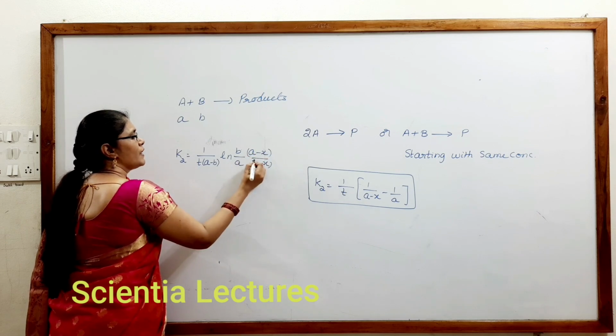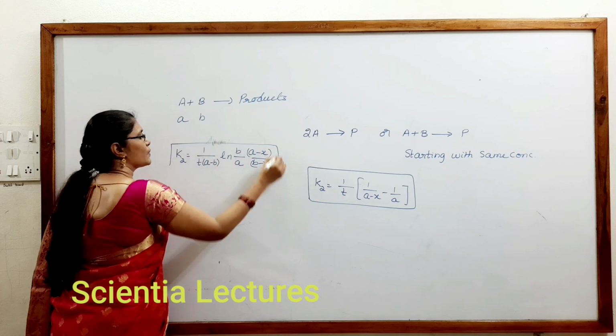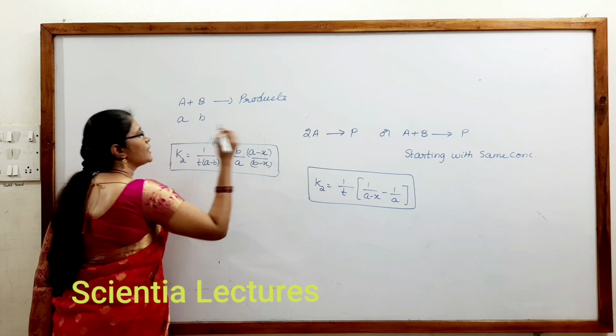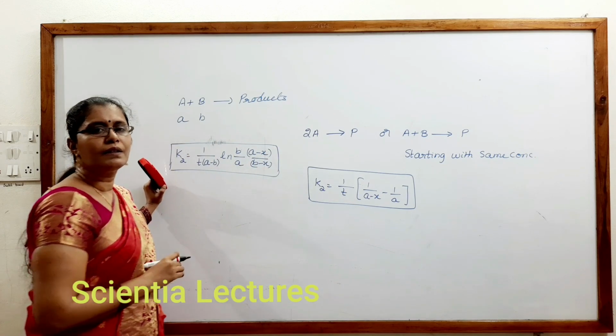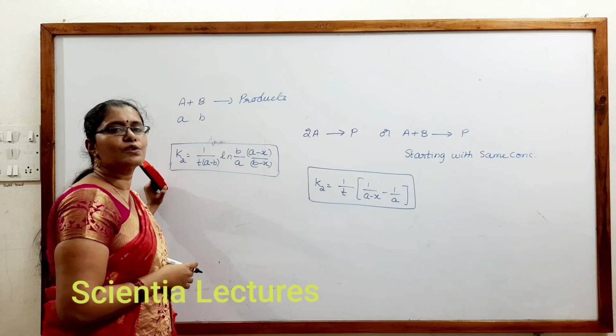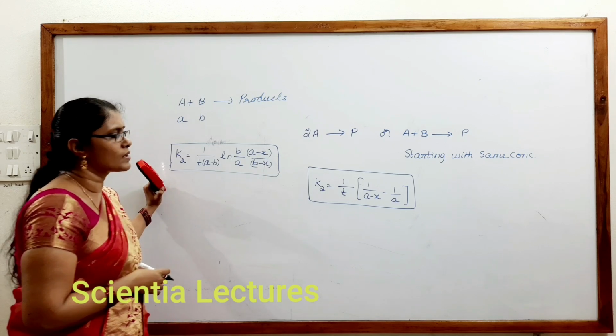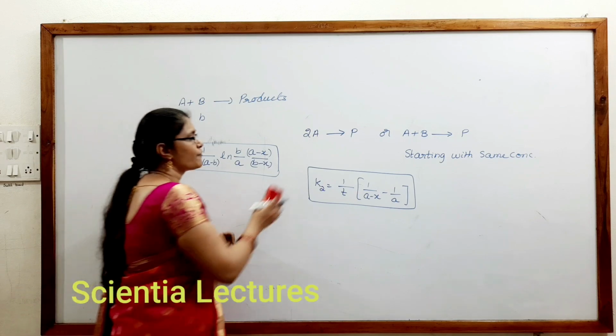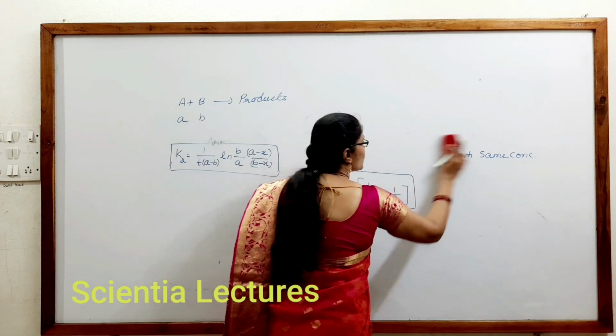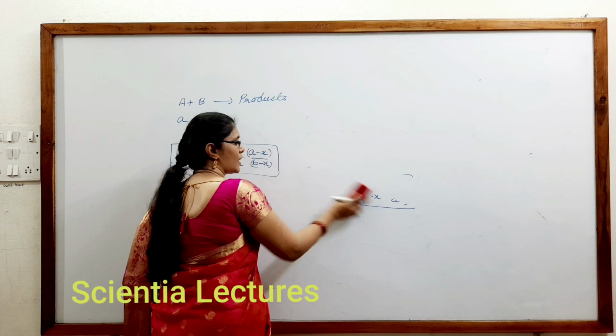This is what we have derived. So this is the rate equation when it has started with two different initial concentrations. T half of a second order reaction is inversely proportional to initial concentration.